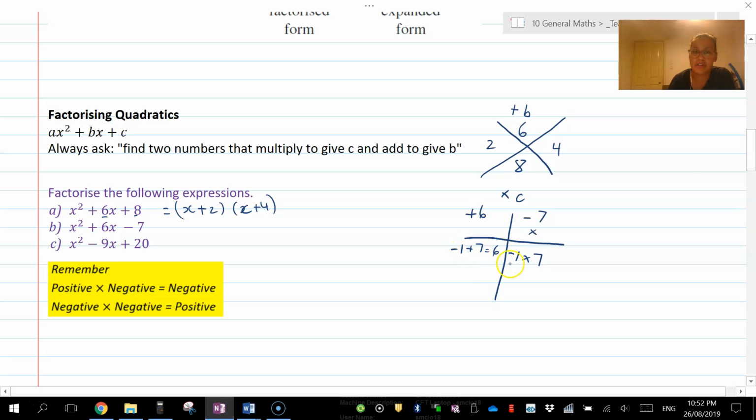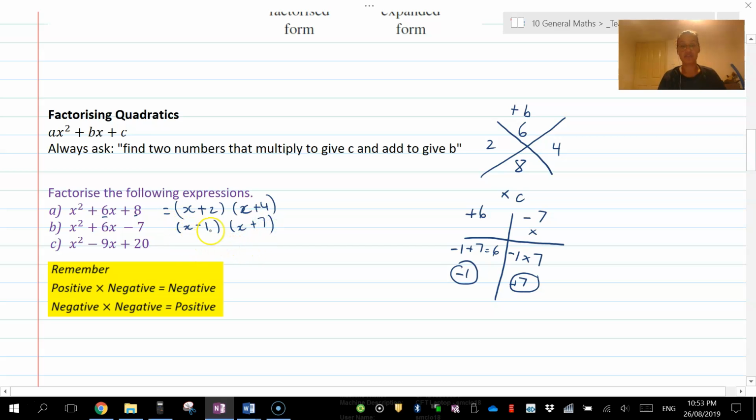So I know my two factors are now negative 1 and positive 7. Oh, I don't know why that's all skewed, I think I'm just sitting a bit crooked. So x minus 1, x plus 7.